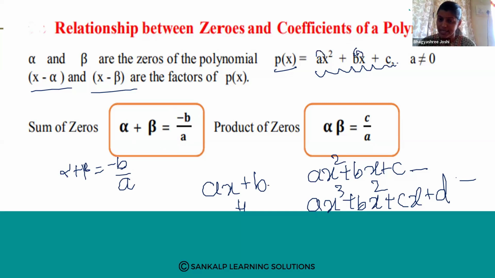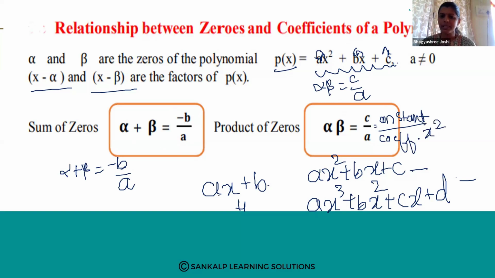A is the coefficient of x square, right? Next, the product of zeros, alpha into beta, is equal to c divided by a. C is the constant term, right? And a is the coefficient of x square.